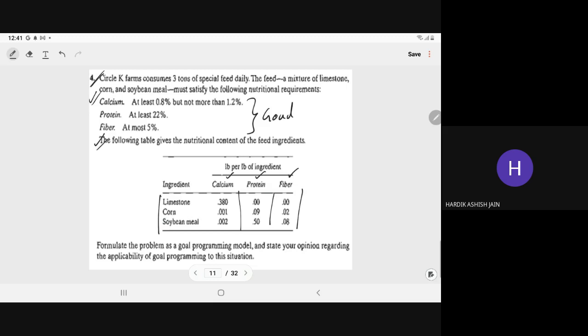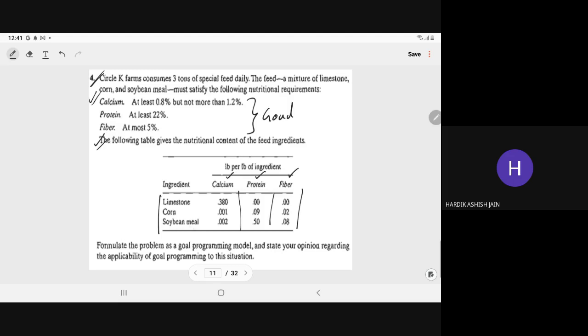Here the 0 denotes that limestone consists only of calcium, with no traces of protein and fiber. Similarly, in the corn we have 0.001 of calcium, 0.09 pound of protein, and 0.02 pound of fiber.